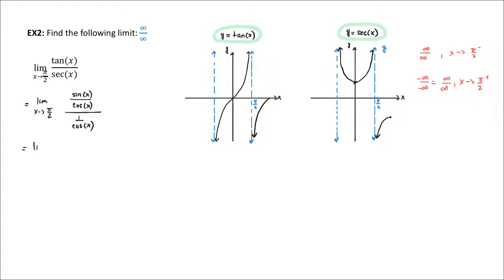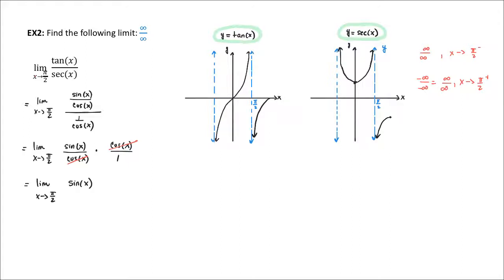That's going to be equal to the limit as x approaches pi over 2 of sine x over cosine of x times cosine of x divided by 1. What is really nice now is that cosines will nicely cancel out, and we're going to have the limit as x approaches pi over 2 of sine x.